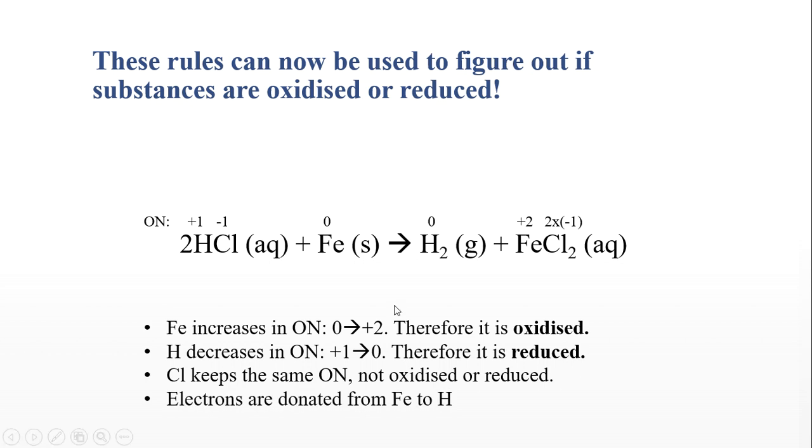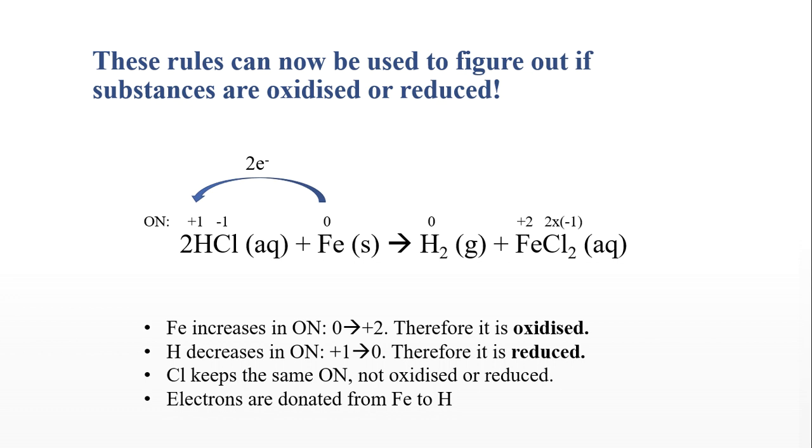And if iron is oxidized, well, then it seems like iron needs to get rid of electrons based on our previous definitions. And what's going to take up the electrons is the hydrogen. So we can do it like this. This iron atom will donate 2 electrons to 2 hydrogen atoms.